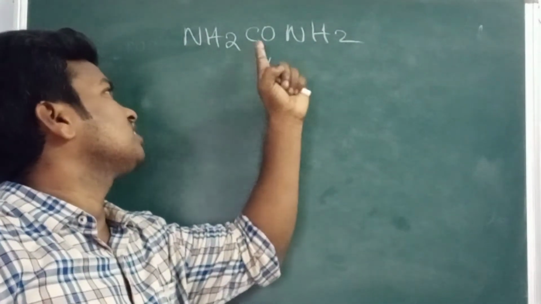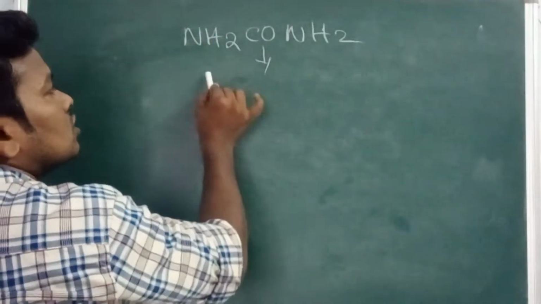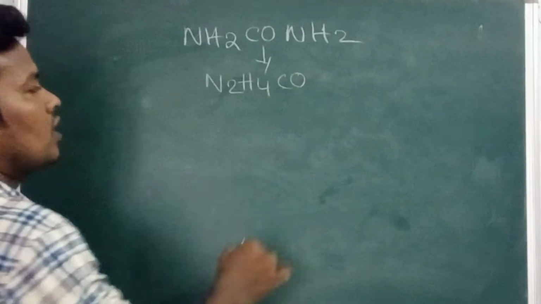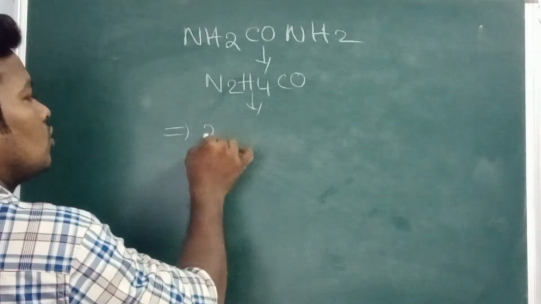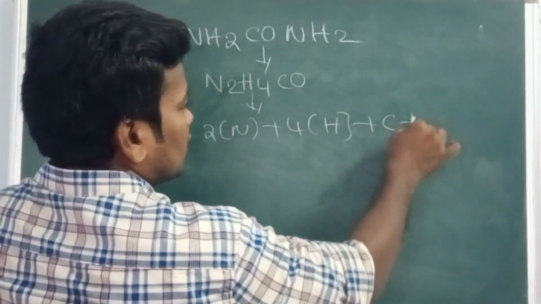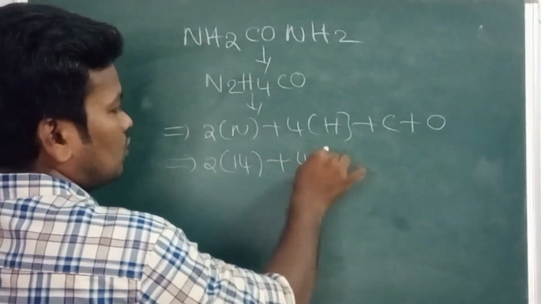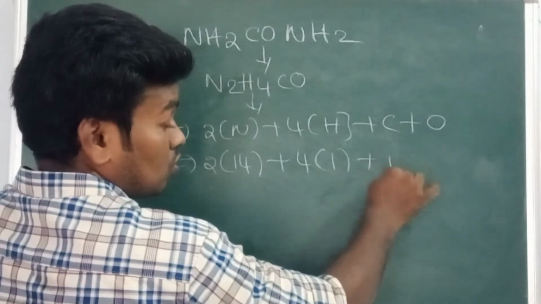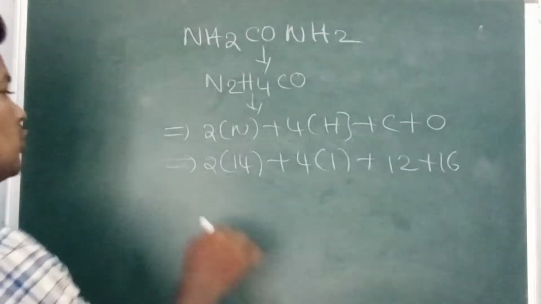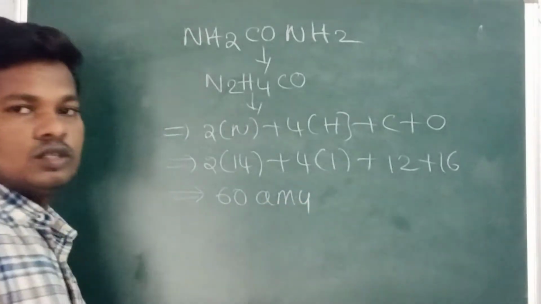We have to know the atomic masses of nitrogen, hydrogen, carbon, and oxygen. Here we have 2 nitrogens, 4 hydrogens, 1 carbon, 1 oxygen. 2 nitrogens is 14 each, 4 hydrogens is 1 each, 1 carbon is 12, 1 oxygen is 16. If you simplify, you will get 60 AMU.